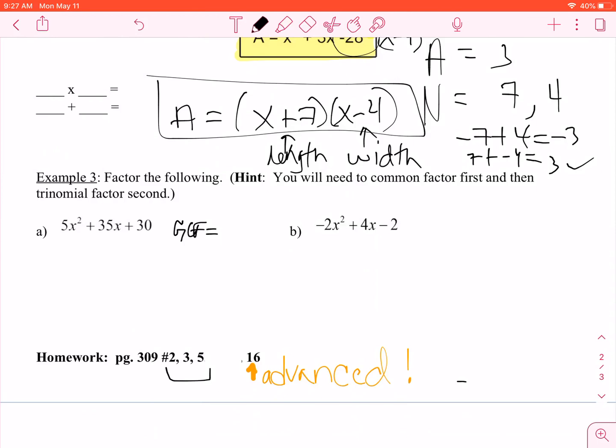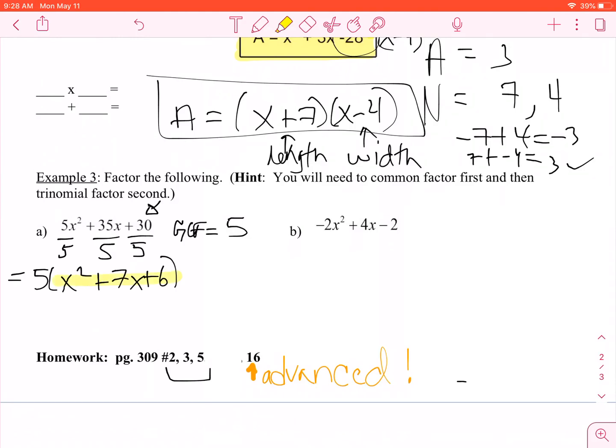So that means the GCF can't be any greater than that, right? We can't say 6. Well, 6 doesn't go into 5 anyways. It goes into 30, but it doesn't go into 35. So in this case, our GCF does, in fact, just stay at 5. And it can't be 5x because our C value doesn't have an x. So it's just going to be plain 5. So I have 5, open bracket, x squared plus 7x plus 6.